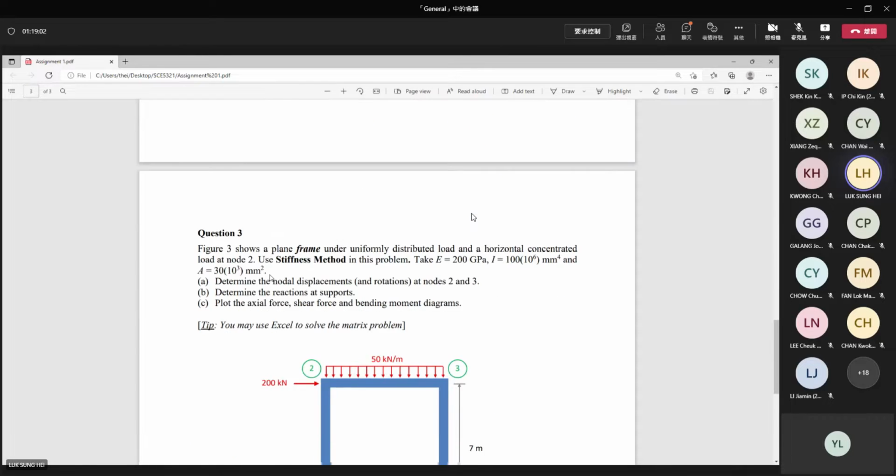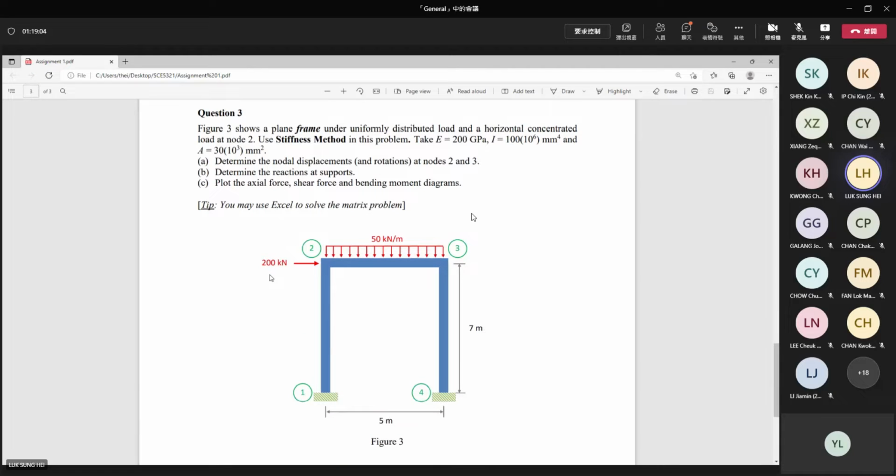Today, after the lectures, you should know how to complete question 3 as well. Question 3 is a plane frame under distributed force and under horizontal force. You're asked to use CMOS method to find out the displacement again, find out the reactions, and draw the shear moment axial force diagram.